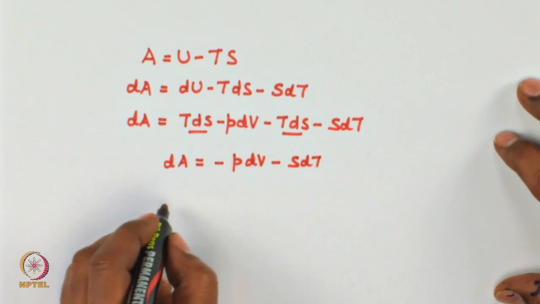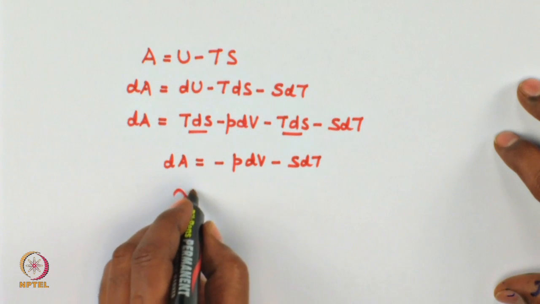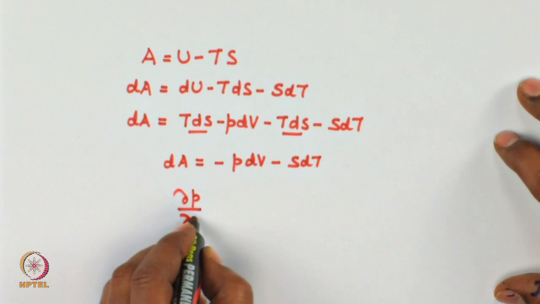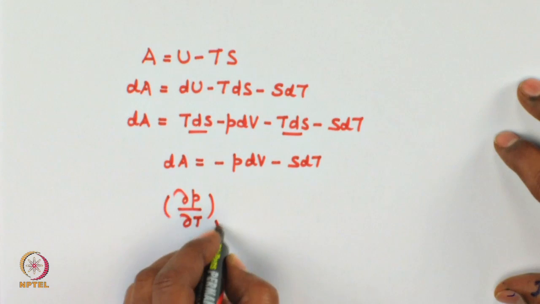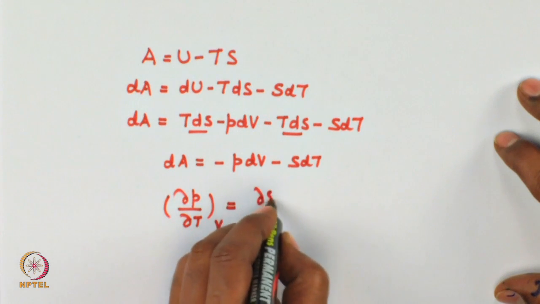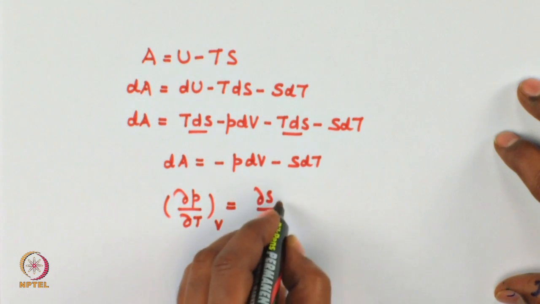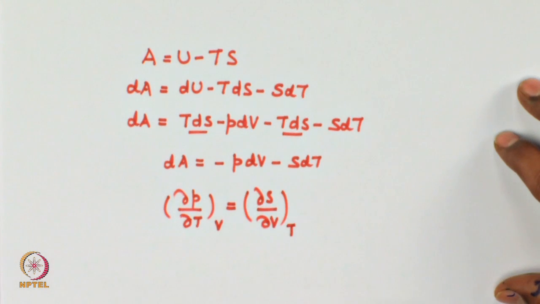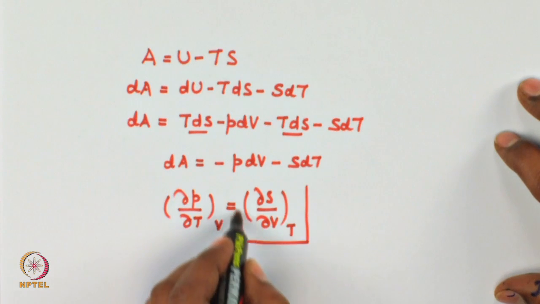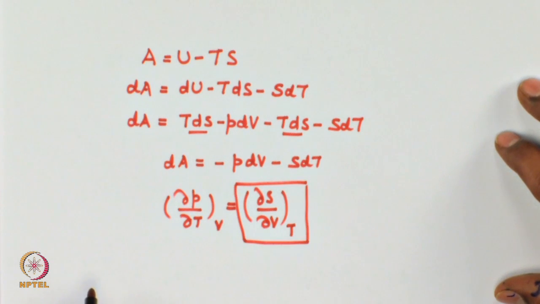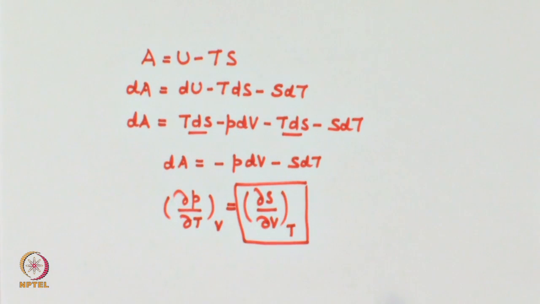This will allow me to write a Maxwell relation, that is, ∂P/∂T at constant volume is equal to the variation of entropy with volume at constant temperature. And that is what I was looking for, that I can connect this variation of entropy with volume at constant temperature with pressure, temperature and volume.